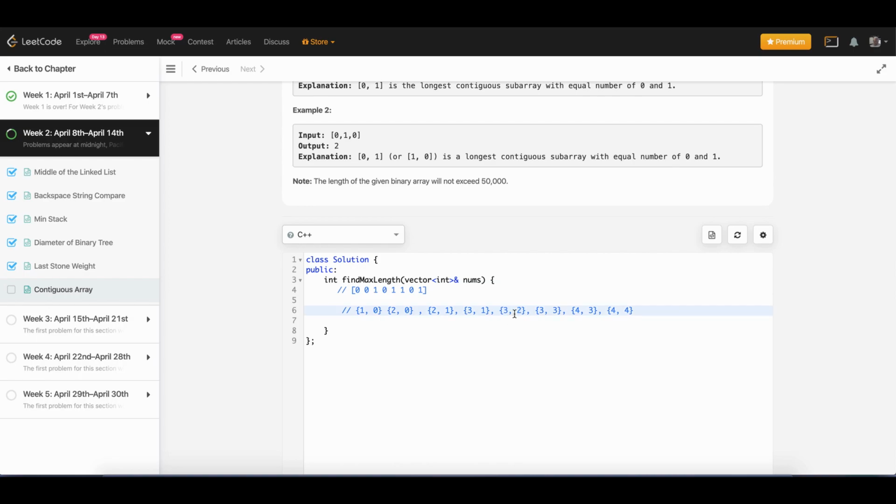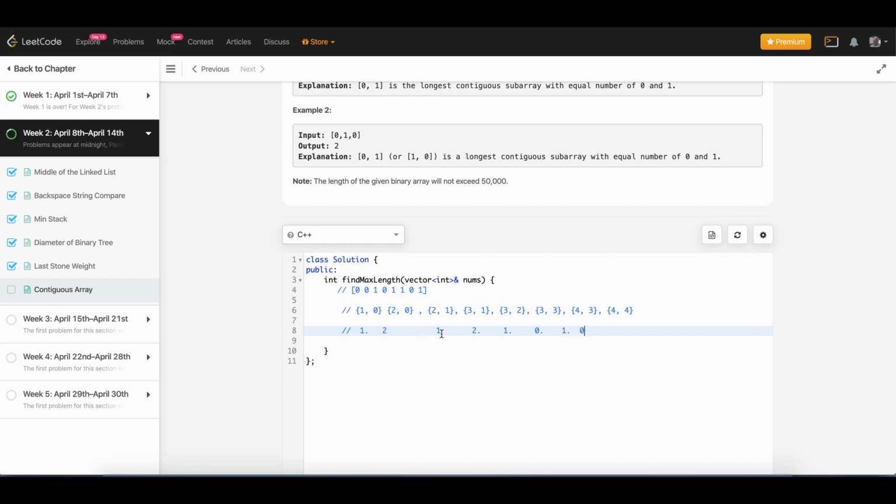Well, so let's apply our thinking into coding, how we can implement this. Let's store only the difference, maybe 0 minus 1. So here it is 1, it is 2, it is 1, it is 2 again, it is 1 again, it's 0 again, it's 1 again, it's 0 again.